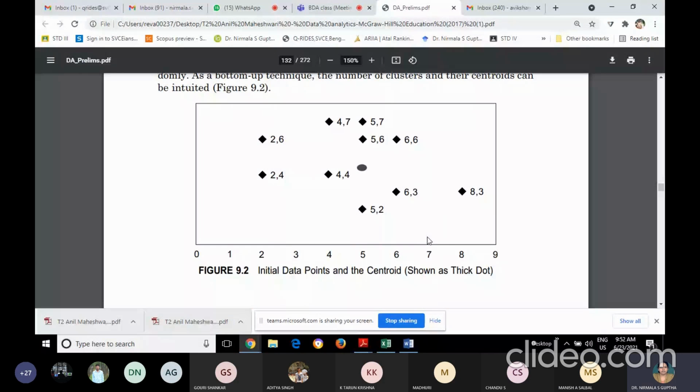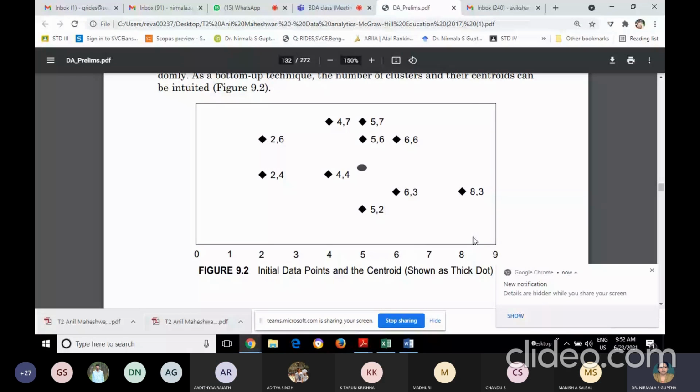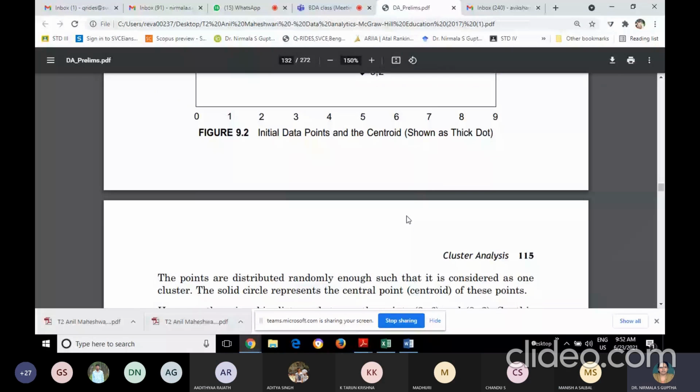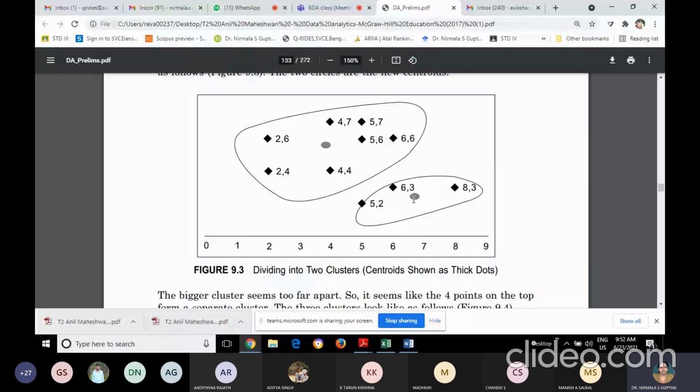Yes, ma'am. Good. So these are the initial data points which we have drawn and understood. Initially, we found one centroid as a thick dot, almost at 5 on the scale. Then the two clusters were made, and we found the centroids approximately at the center of the circles we drew.